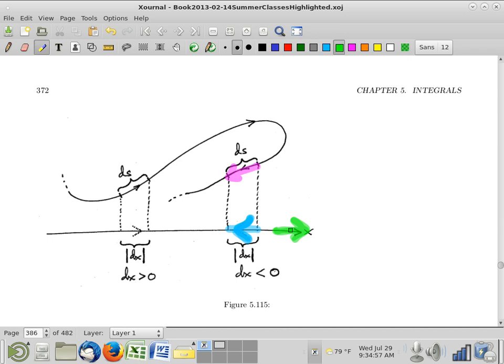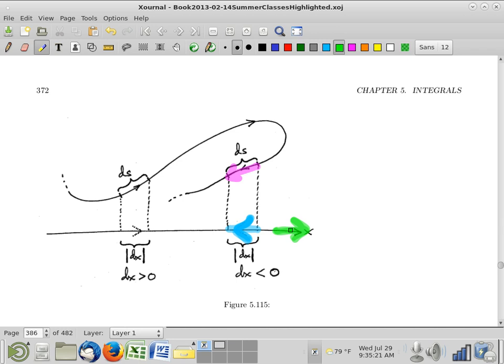Okay? And the minus sign in dx I'm going to interpret as indicative of the fact that it projected backwards. So the size of dx represents the size of the projection. The sign of dx represents the direction, the sort of the rightness or wrongness, if you will, the forwardness or backwardness of that projection.